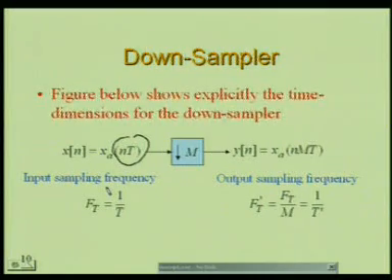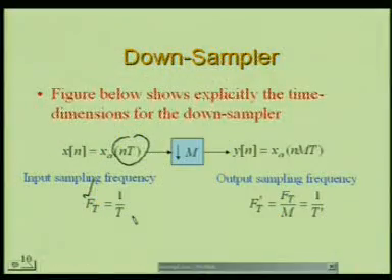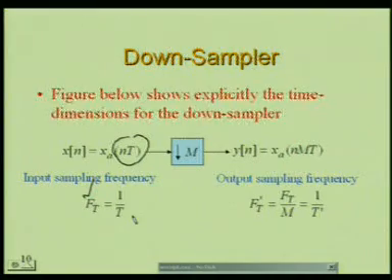Input sampling frequency is represented by f t here. This f t represents the input sampling frequency, that is equal to say 1 divided by T. The output sampling frequency can be represented by f t prime, that is equal to f t divided by M, that is equal to say 1 divided by T prime, capital T prime.